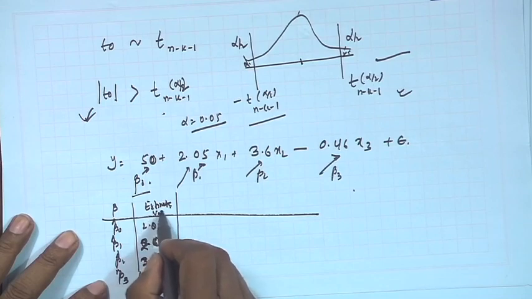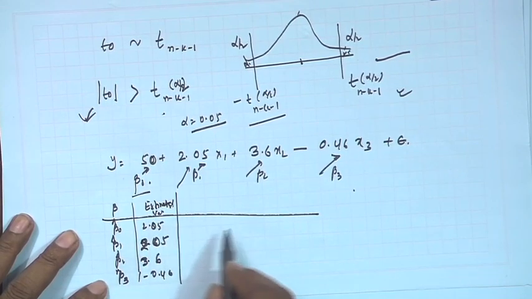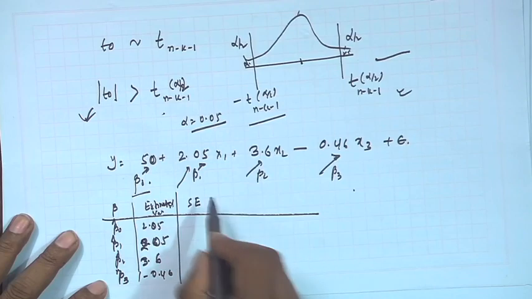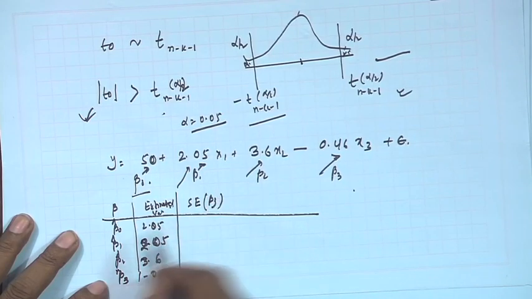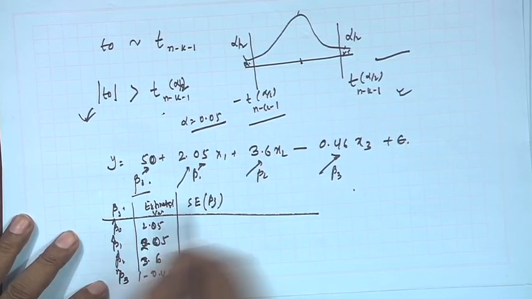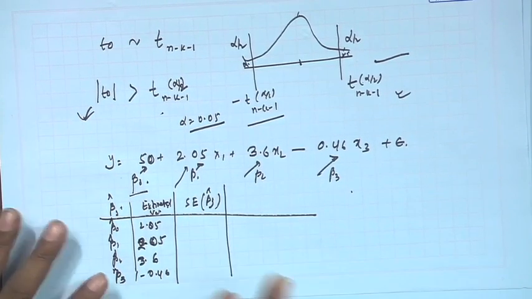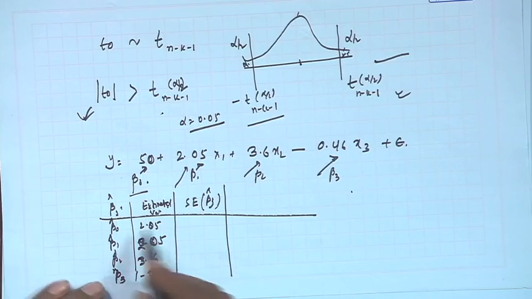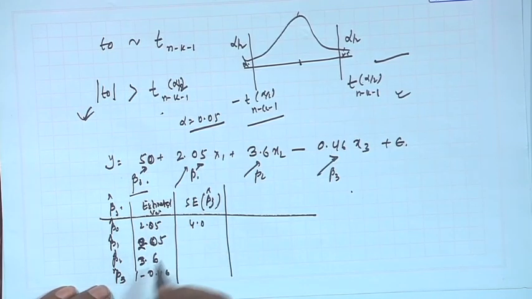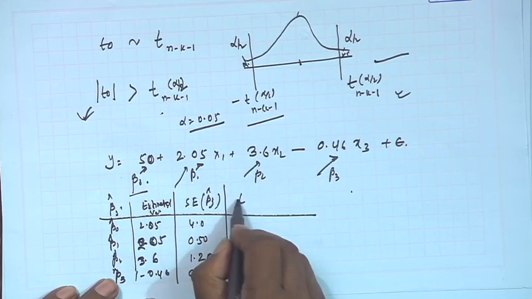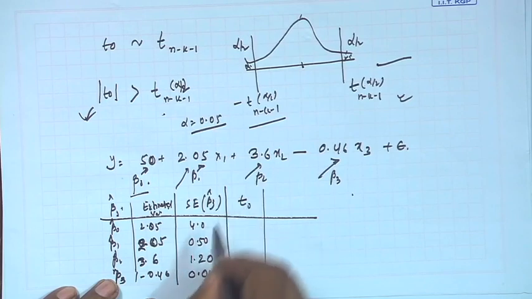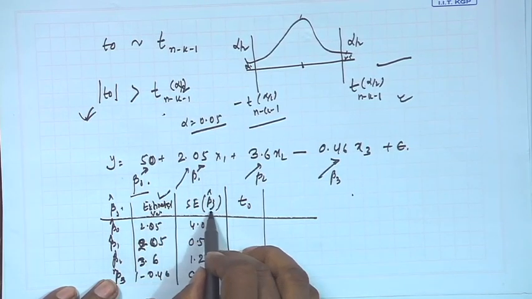These are the estimated values. Now you find the standard error of beta j cap. Suppose, without doing any calculation, we know the standard error is 4.0 here, 0.50 here, 1.20 here, and maybe 0.04 here. Then what will be the t value? T0 value will be estimate divided by standard error.